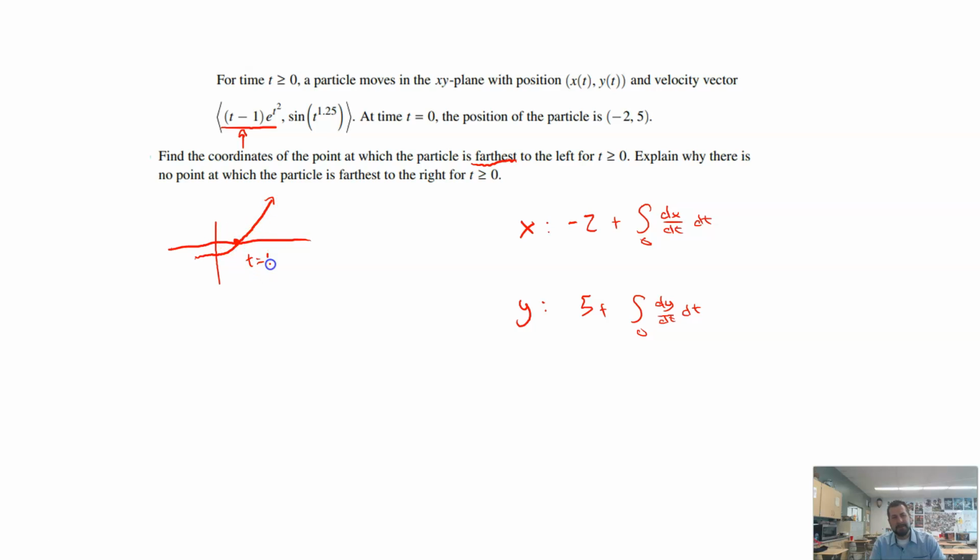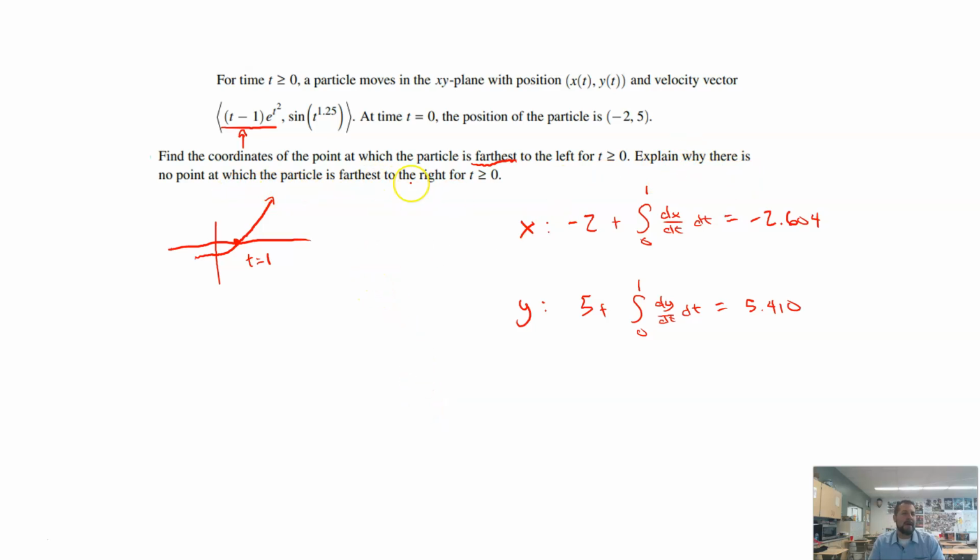So at time equals 1 is where the particle is farthest to the left, which means that's when I want to find those. I plug each of those into the calculator, and I get negative 2.604 and 5.410. That's my x value and my y value.